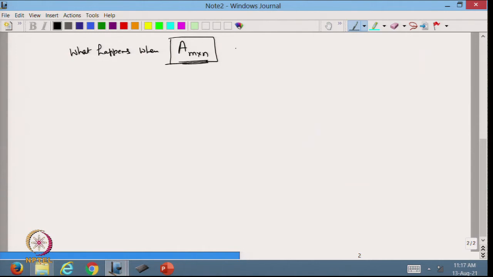A is a rectangular matrix, so here we cannot talk about eigenvalues of A. So, then we start with a new thing. Let us write the definition.